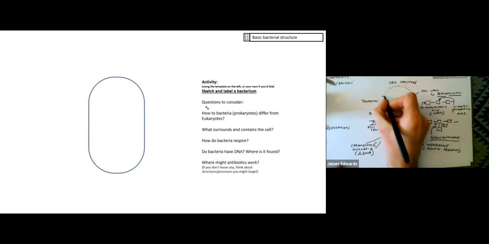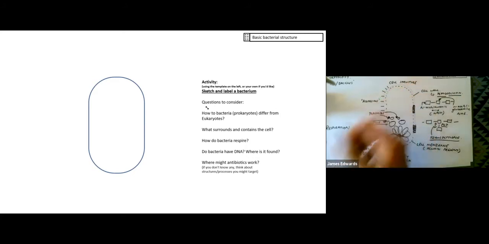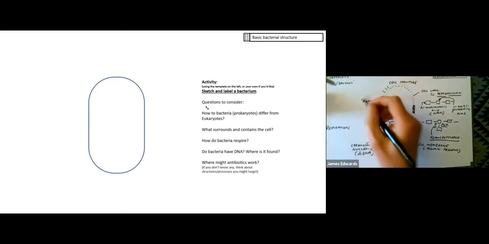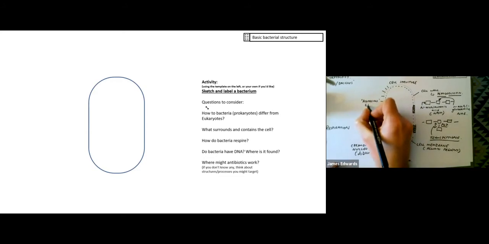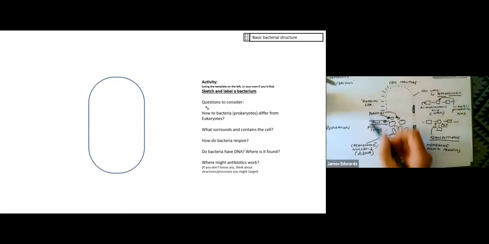These are cell surface structures, glycoproteins, proteins, and other molecules like LTA, lipoteichoic acid, found in gram-positives. These are the things which can allow the cell to attach to surfaces.